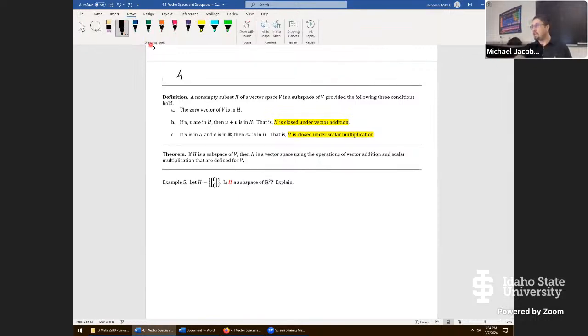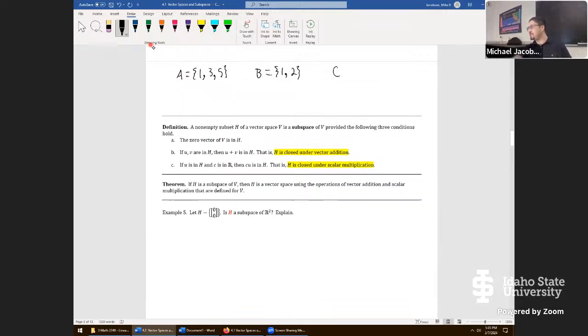Let's say for a set A, it's 1, 3, 5. For set B, it's 1 and 2. Let's add a little bit more space. And for set C, we have 3, 5, and 7.